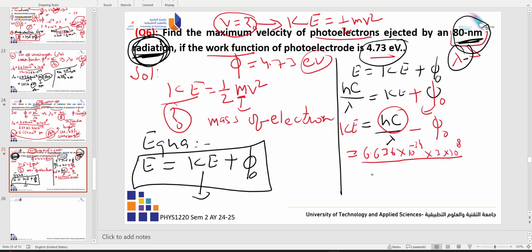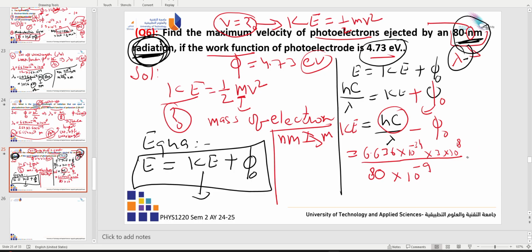But the value of lambda is given in nanometer, so as I told you, you are changing nanometer to meter, so I need to multiply by 10 to the power minus 9. So this is the value of hc over lambda.